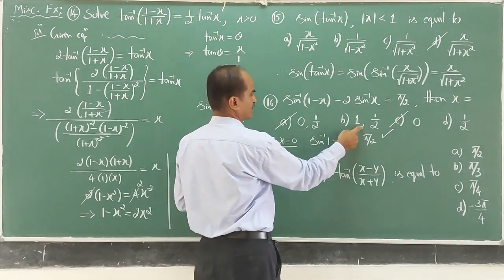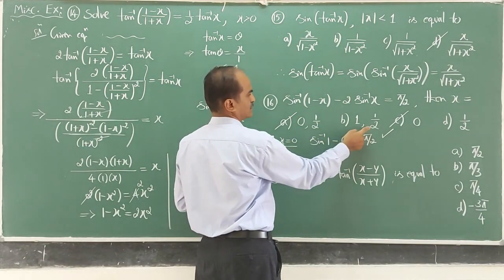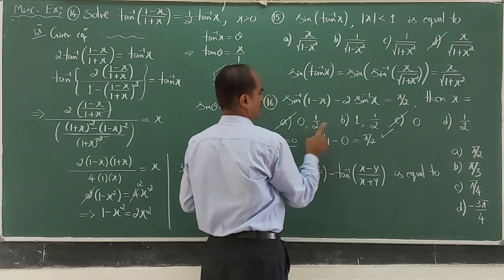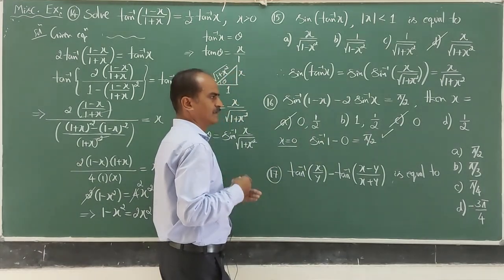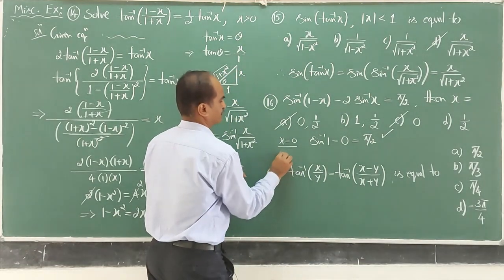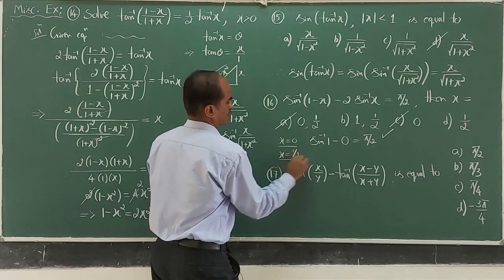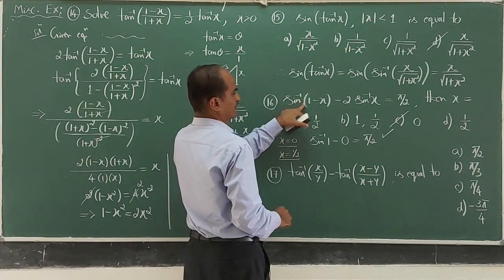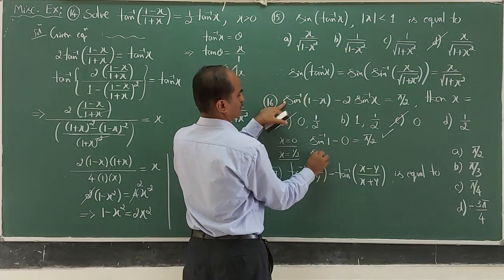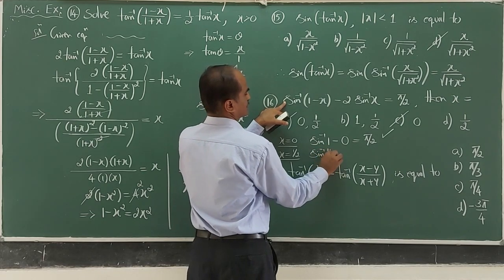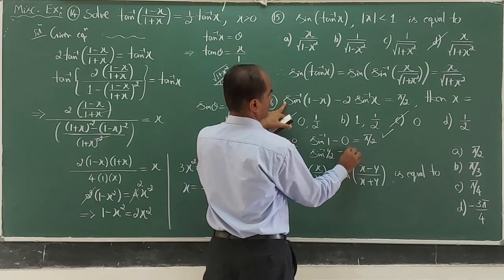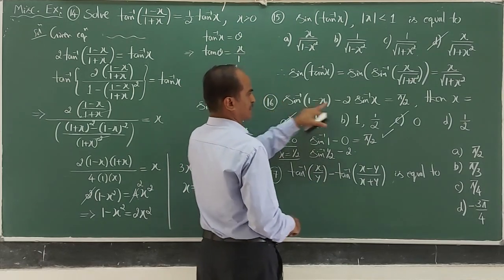Now, what is the conflict here? One contains only 0, another contains 1 by 2. Let us try with 1 by 2. If I substitute x equal to 1 by 2, what are you going to get? Sine inverse of 1 minus 1 by 2, it is sine inverse of 1 by 2, minus 2 into sine inverse of 1.